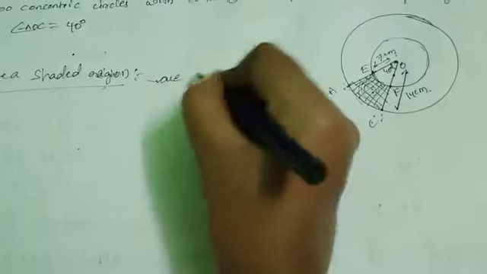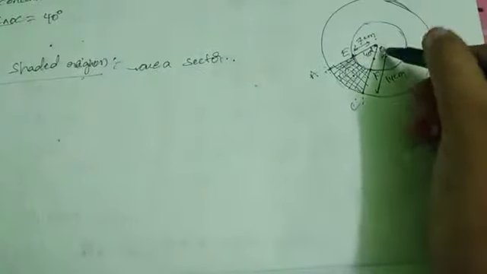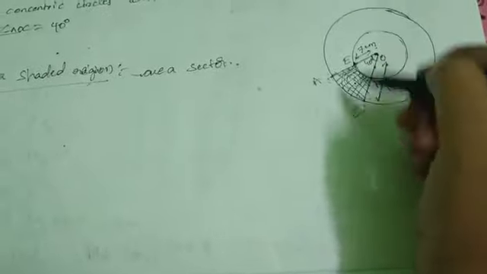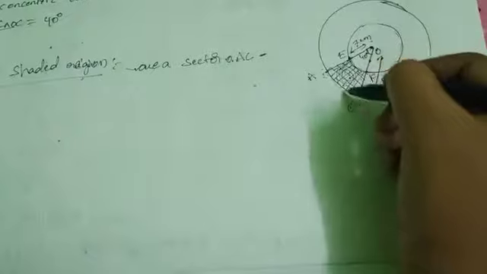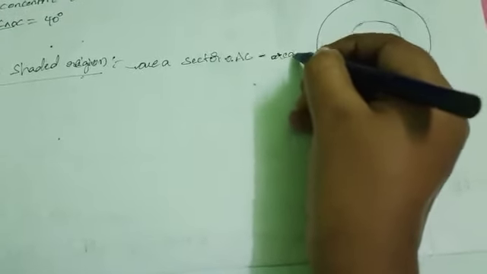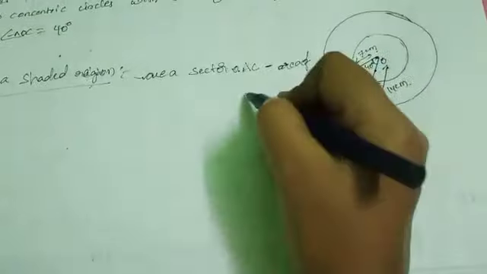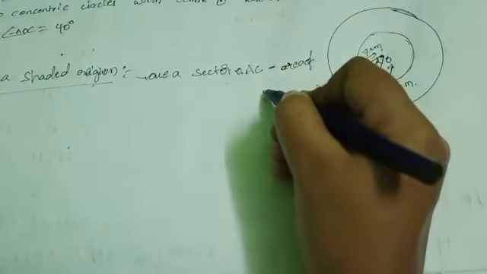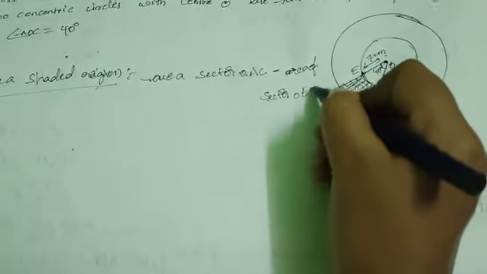So the area of the big sector OAC minus the area of the smaller sector OEF. Clear?